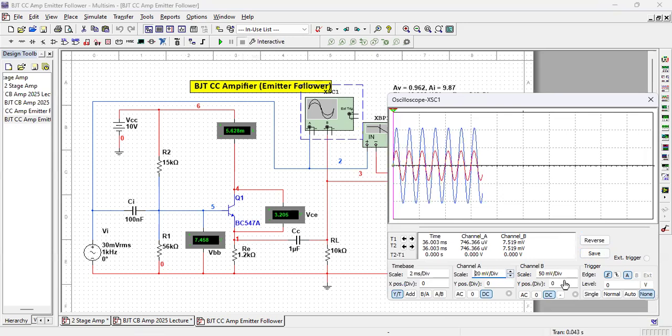If I make it larger in the Y scale, still I cannot show you. Actually, the output red line is supposed to be 1% smaller, but on the small screen, 1% or 2% is not visible, right? So here the gain is almost equal to 1.